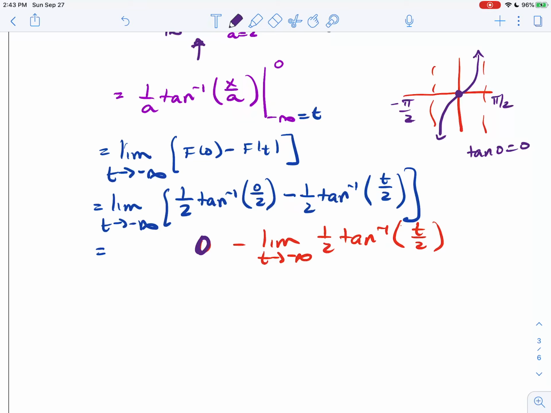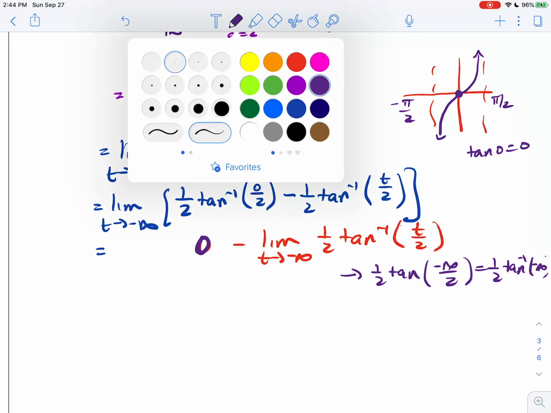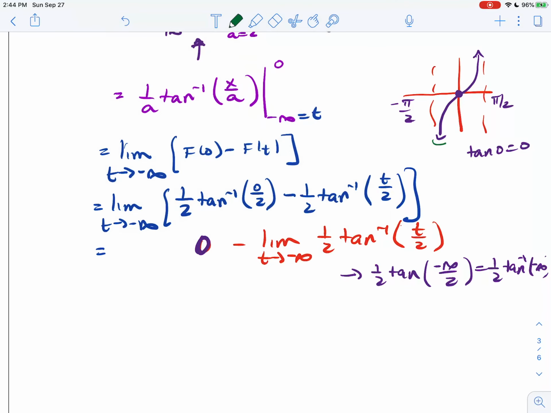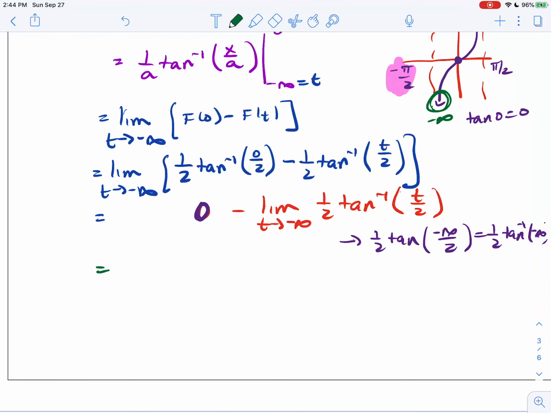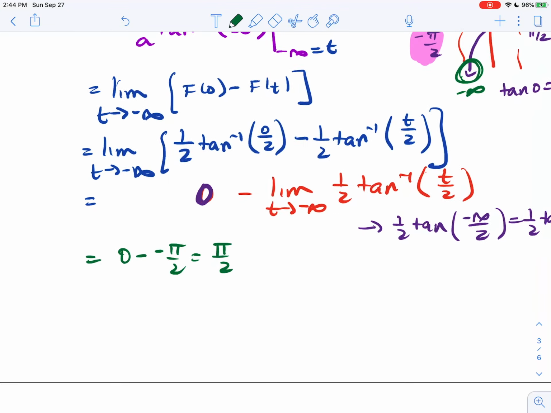And if I'm going to negative infinity, this is going to be 1/2 inverse tangent of negative infinity, because a negative divided by a positive is negative. And if I look over at my tangent graph, this is my minus infinity, and I see that my angle is approaching minus pi over 2. So this is becoming 0 minus minus pi over 2, which is going to give me pi over 2.